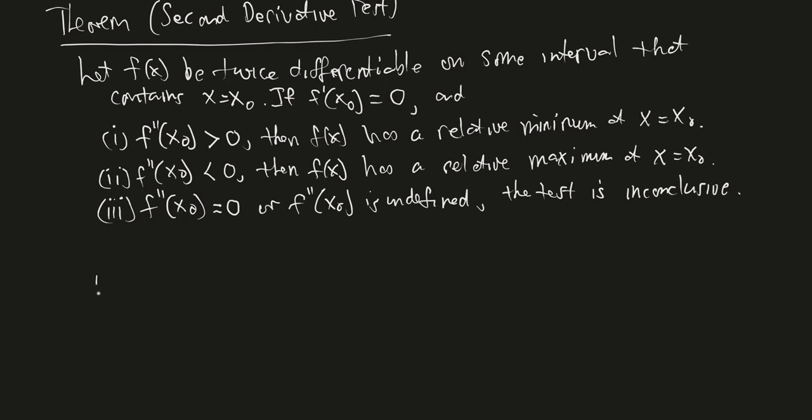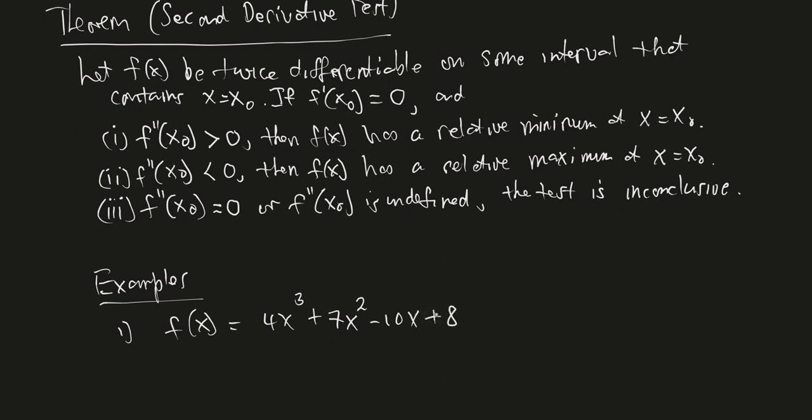Let's start with number 1, and let's start with a polynomial. We love our polynomials. So f of x is equal to 4x cubed plus 7x squared minus 10x plus 8.